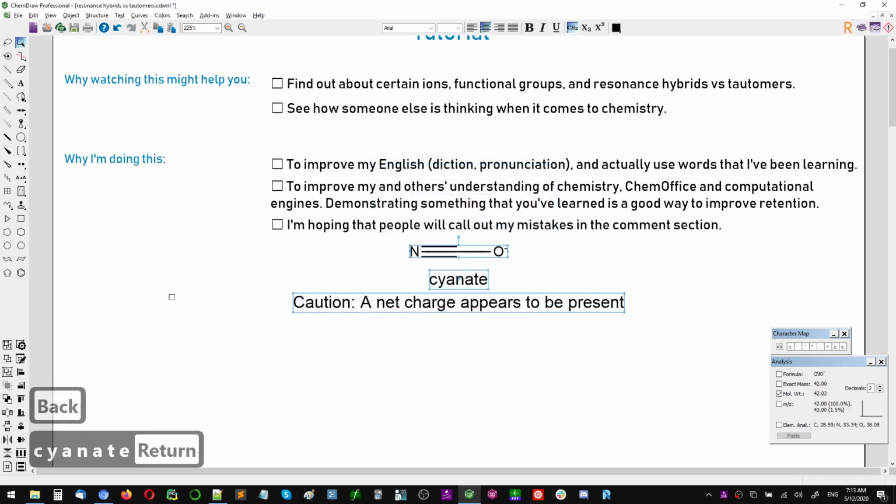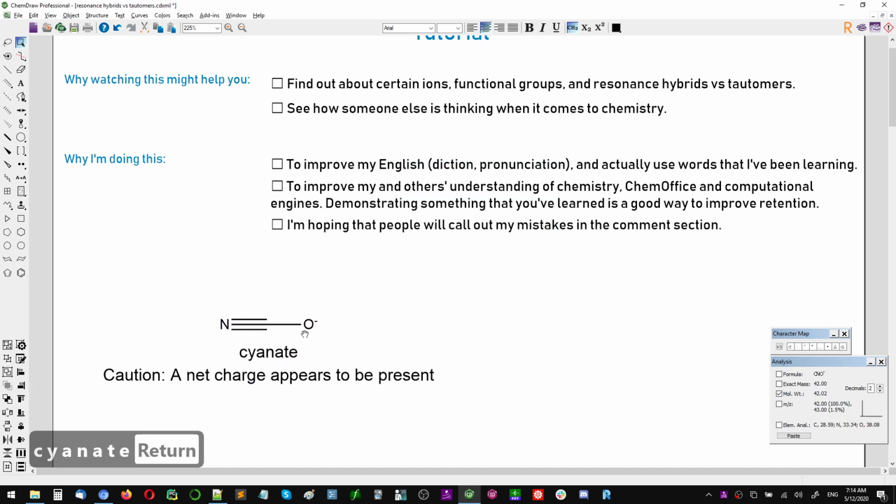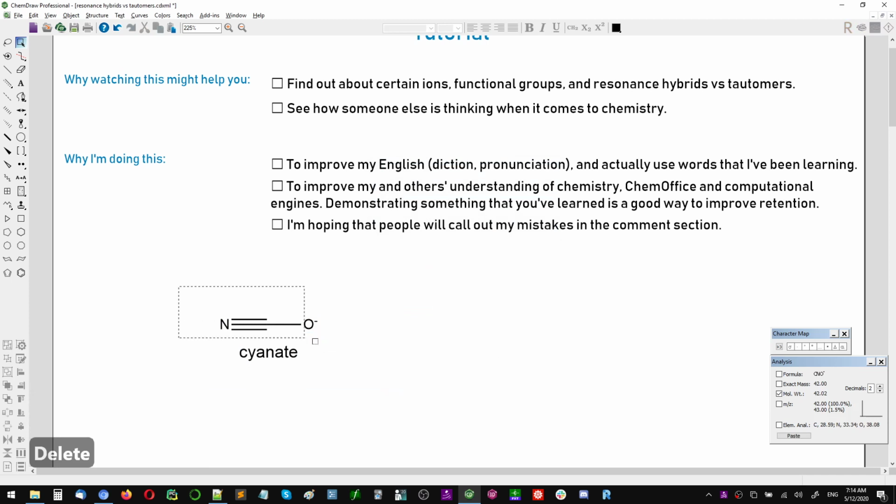I will exemplify with the cyanate ion, which can be a resonance hybrid.